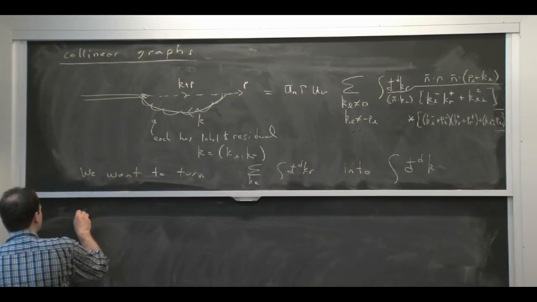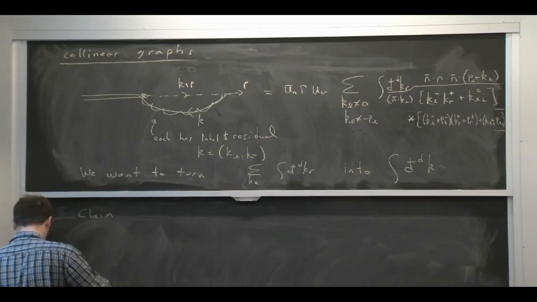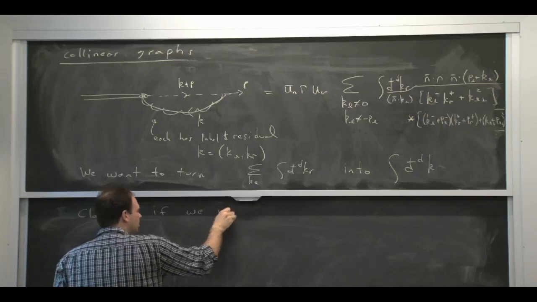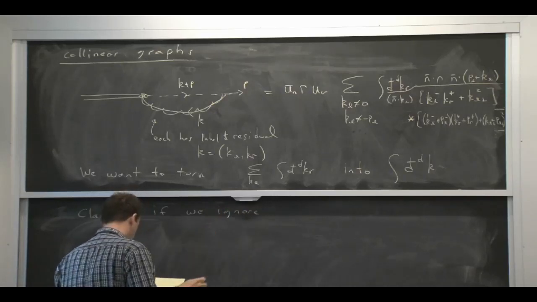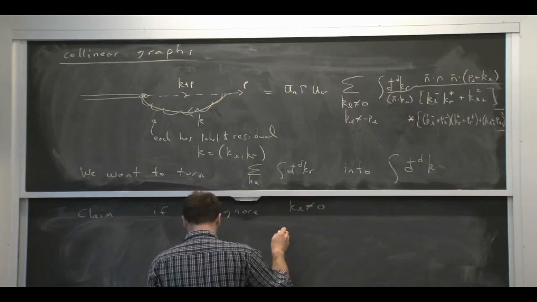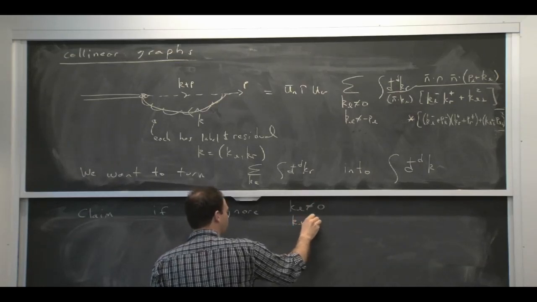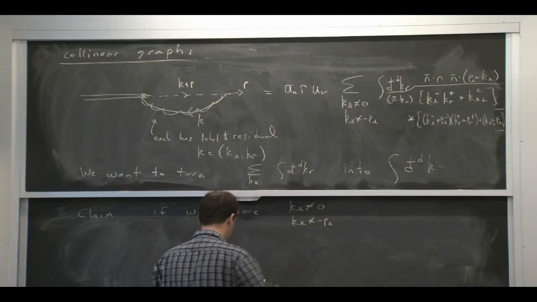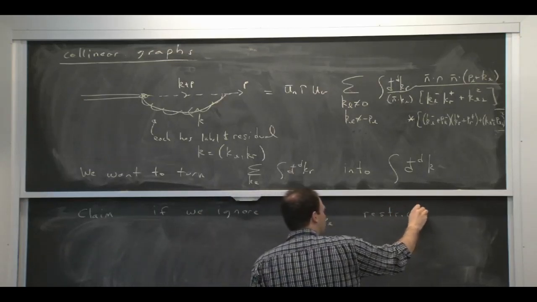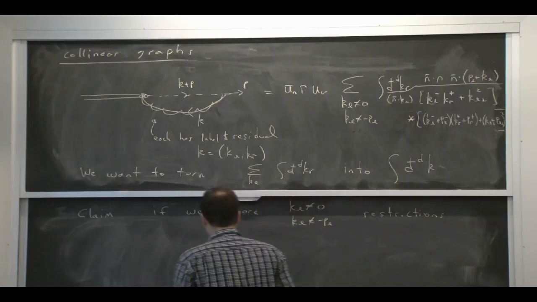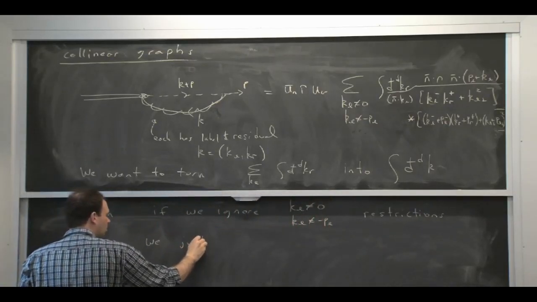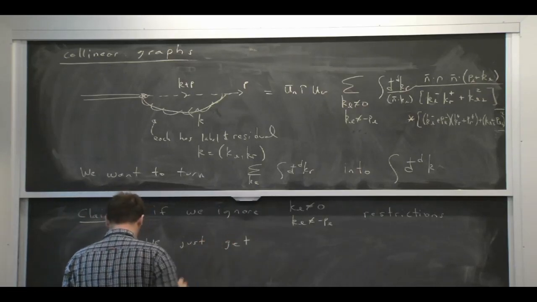I claim, and then I'll talk about why it's true, that if we ignored the restrictions, and those restrictions are ensuring that we don't double count between our collinear and our ultrasoft degrees of freedom, so they are important, but let's ignore them for a minute, we would just get the following.